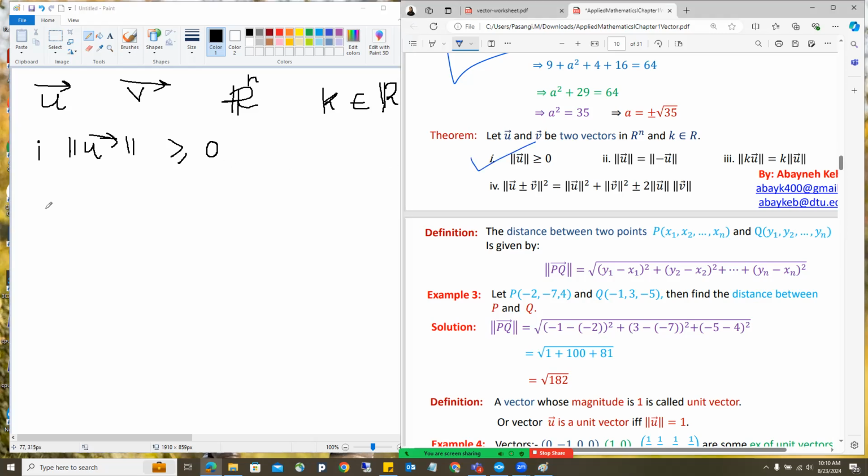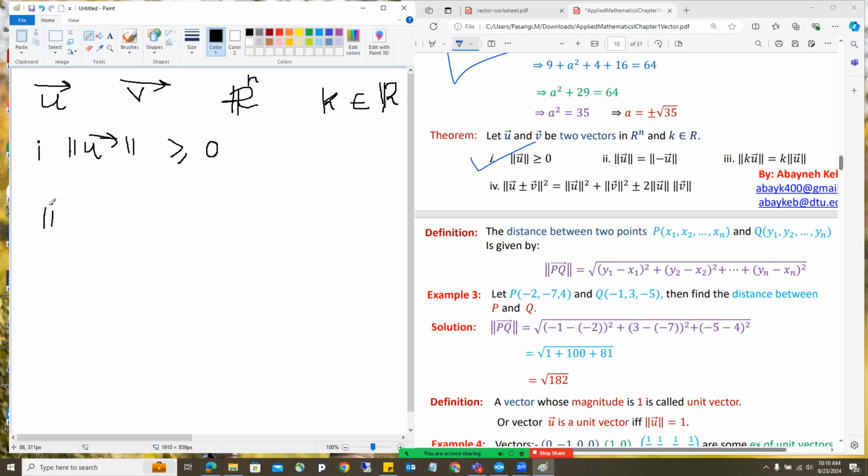Then the second one is, the magnitude of this vector u is equal to the magnitude of this minus vector u as well.